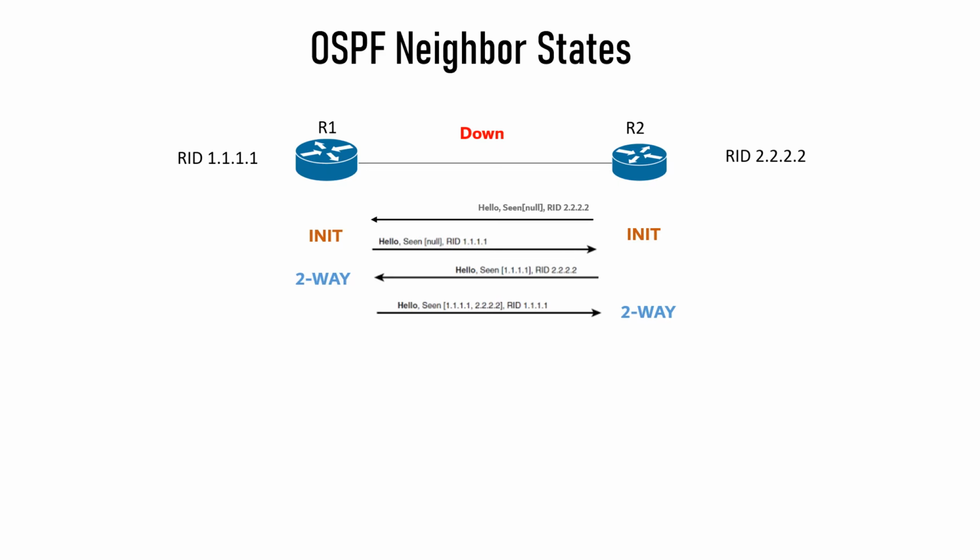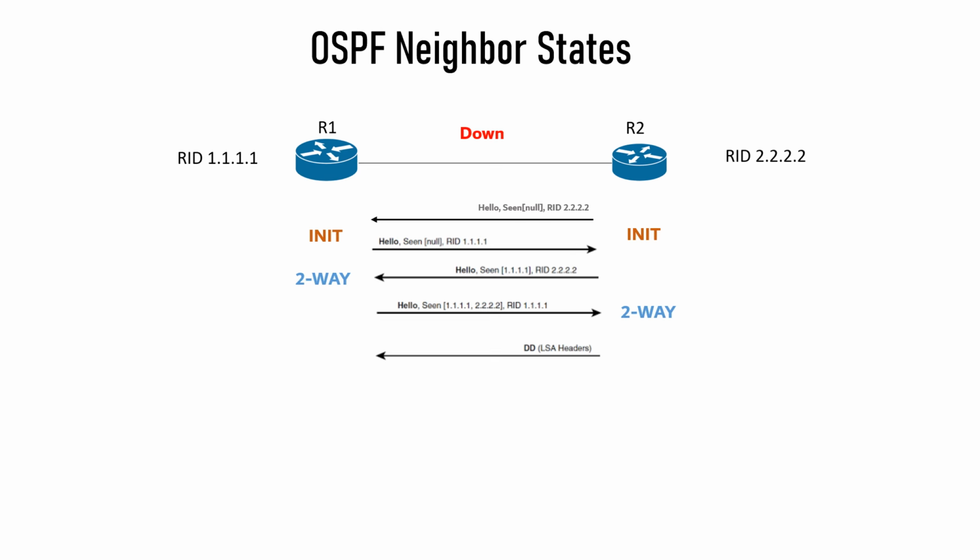The next state is the ExStart state. In this state, both routers establish a master-slave relationship to determine who will initiate the database exchange process.